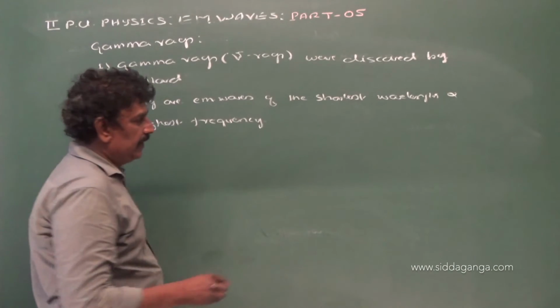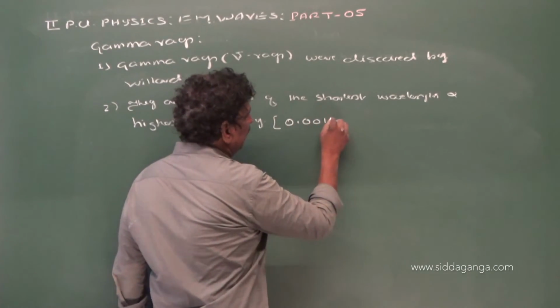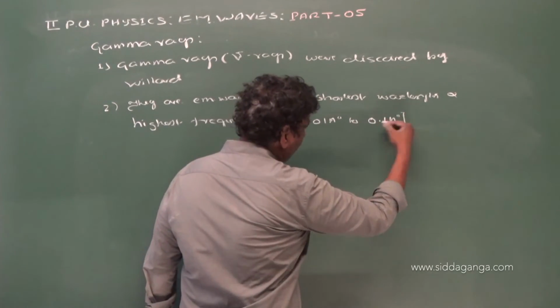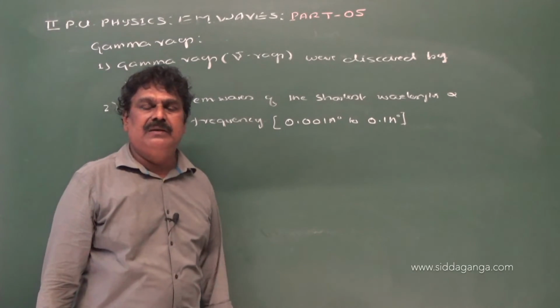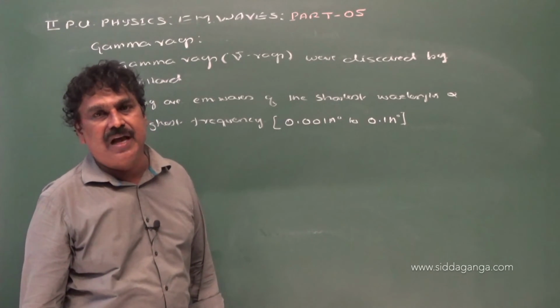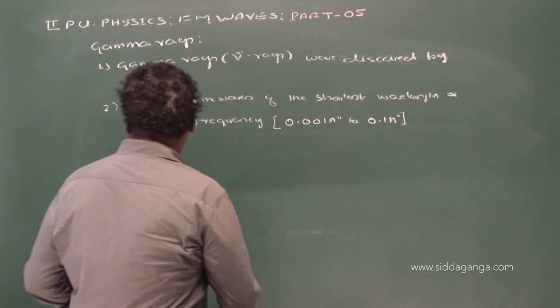That is, the wavelength range is from 0.001 angstrom unit to 0.1 angstrom unit. Now these gamma rays have the lowest wavelength and highest frequency among the types of electromagnetic waves.